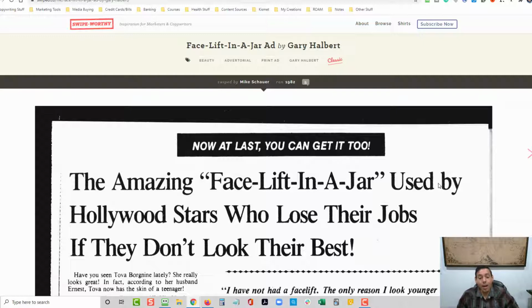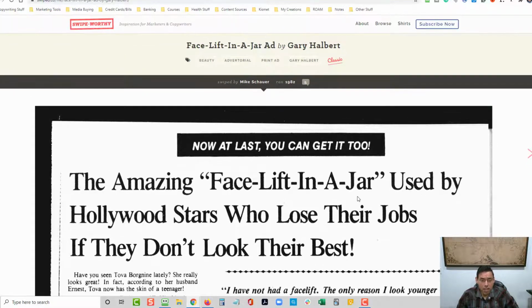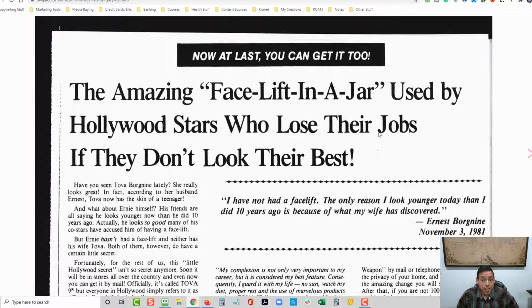This gives you an example of what a traditional direct response sales page would look like. You've probably seen it before. I'm also getting all this from the site swipe.co, which is an incredible resource. All right, so this is the sales piece.